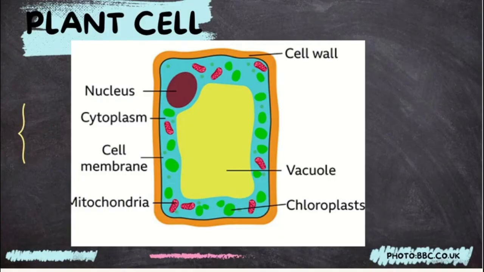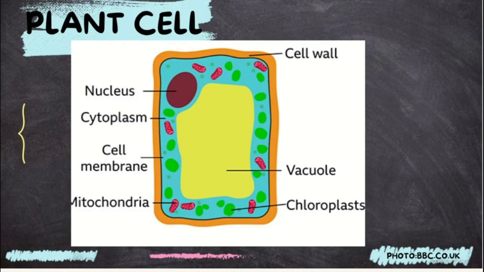Because that would be detrimental to the plant. So basically, that is why they have adapted this cell wall, which is a structural protective barrier that keeps the cell from bursting, right? So plant cells do not burst, but obviously they can become flaccid or they can become turgid.